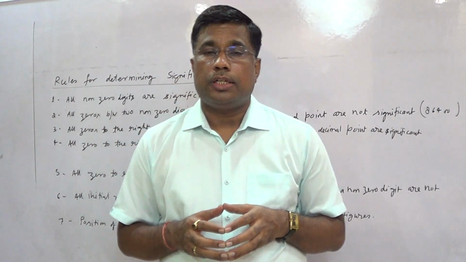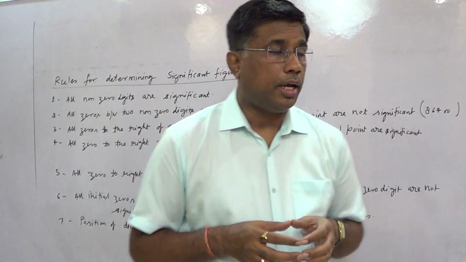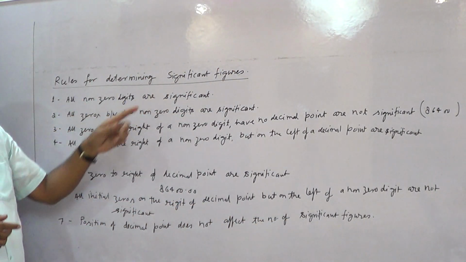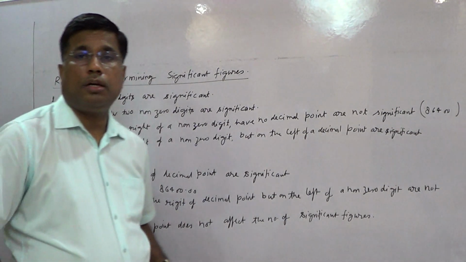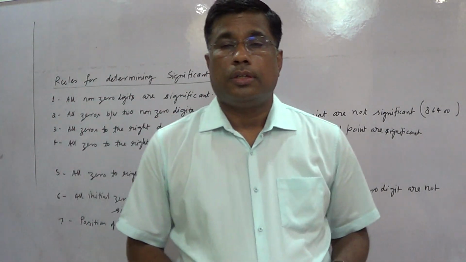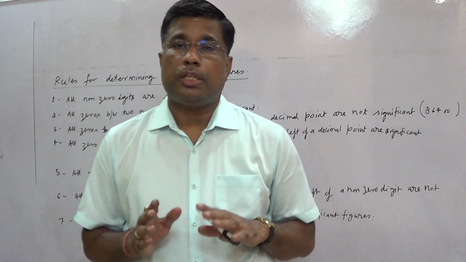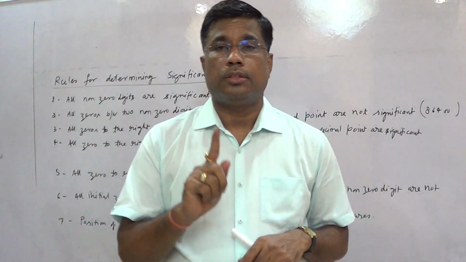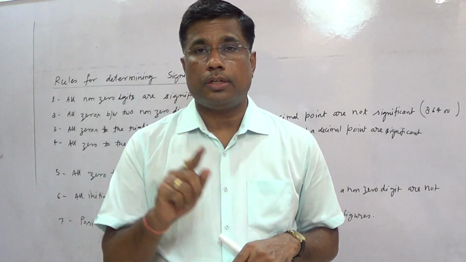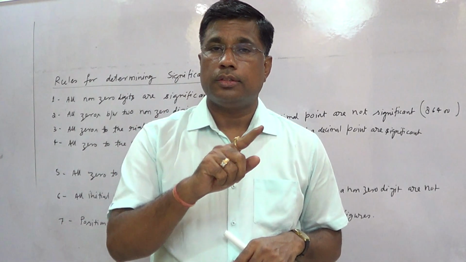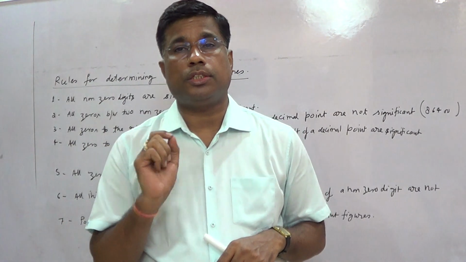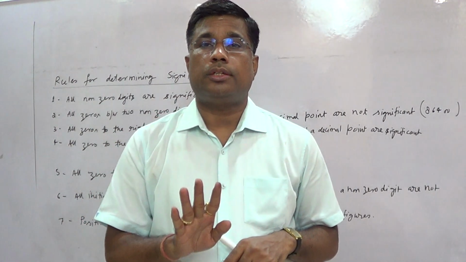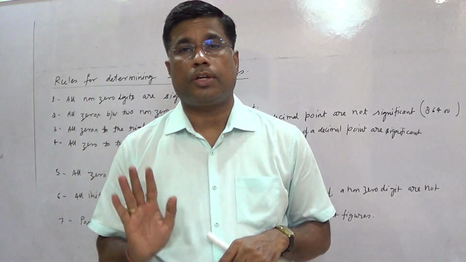It will be decided by these rules, and the first rule is: all non-zero numbers are significant. As you know, in a measurement only two types of digits may be written. First, non-zero numbers from 1 to 9, and second, the digit 0. So all non-zero numbers in a measurement are always significant.